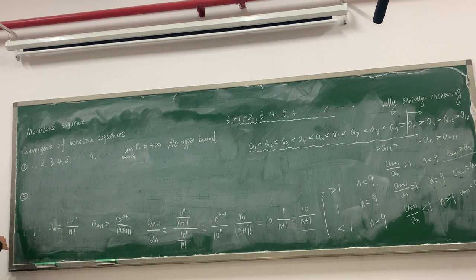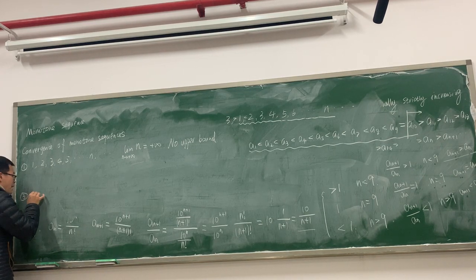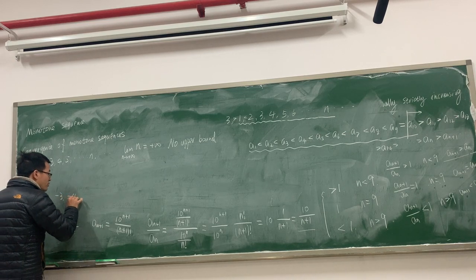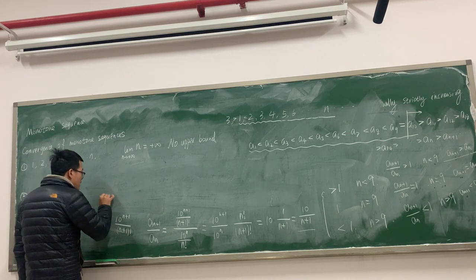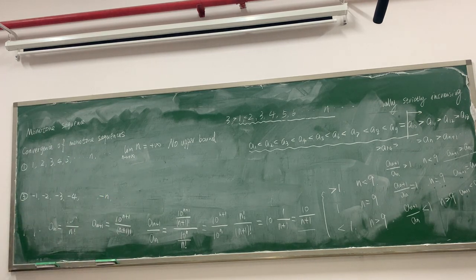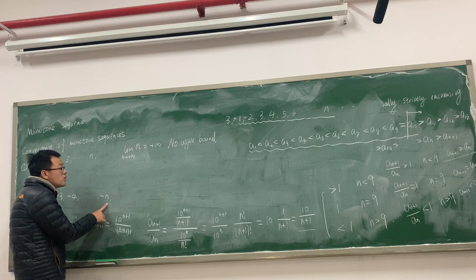For number 3, for this example: -1, -2, -3, -4, go on, -n, go on. For this one the general term is -n.